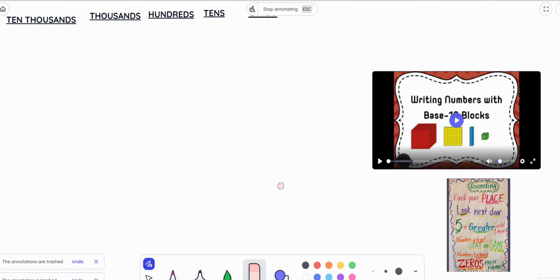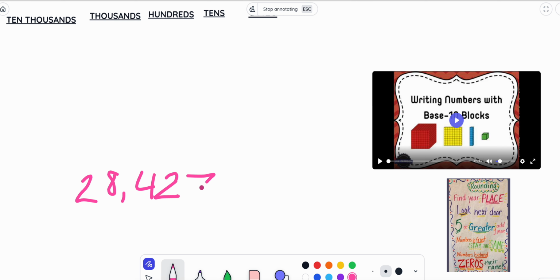But we need to make sure that we're understanding that each number has a place, okay? So I'm going to do a new number here. And we're going to work together, right? to figure out which place goes where. So we've got 28,427.